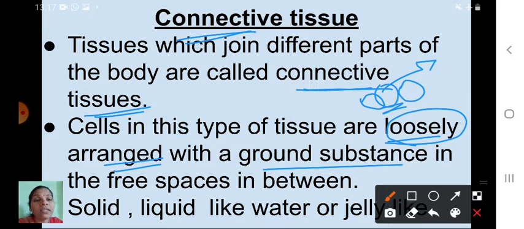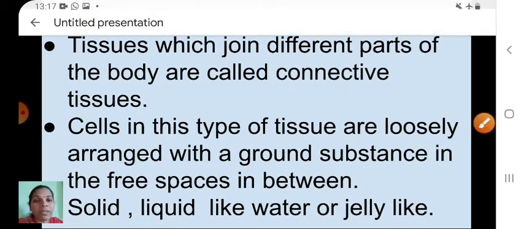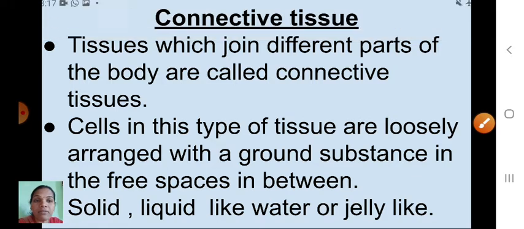That ground substance may be solid, liquid like water, or jelly like. So children, what is meant by connective tissue? The tissues which join different parts of the body are called connective tissue.